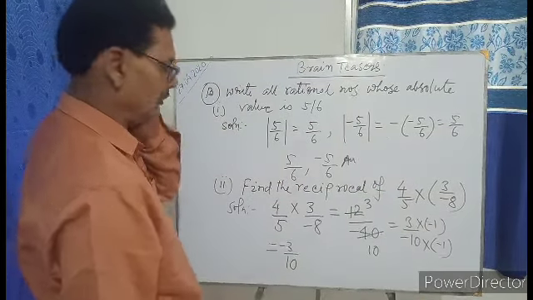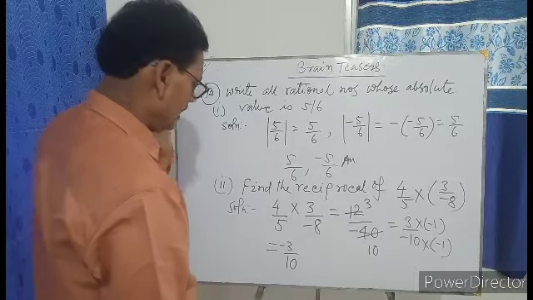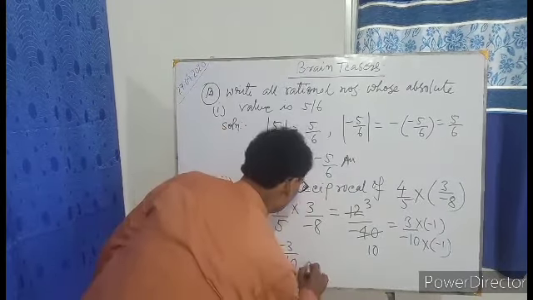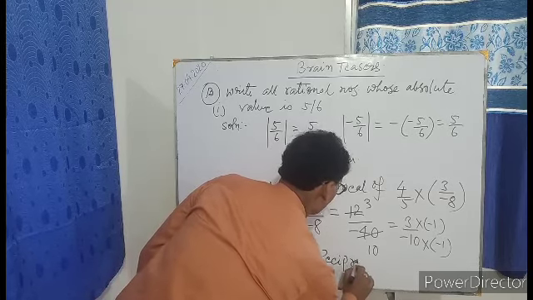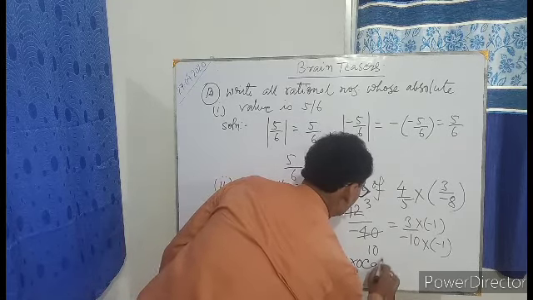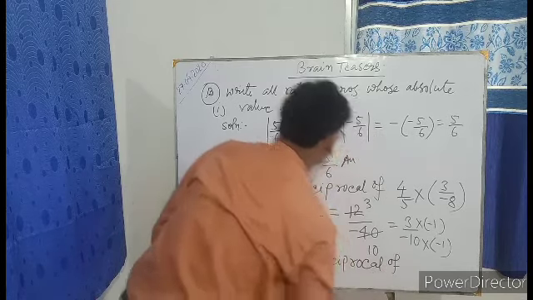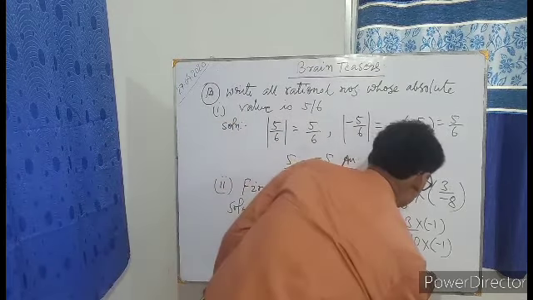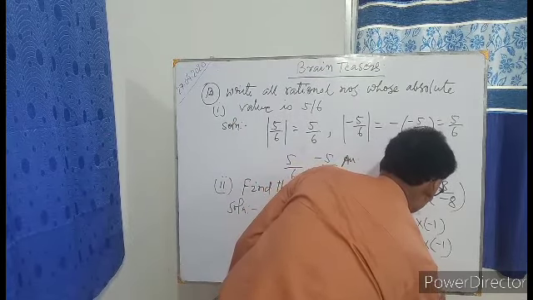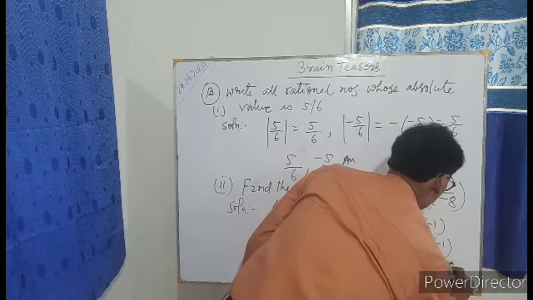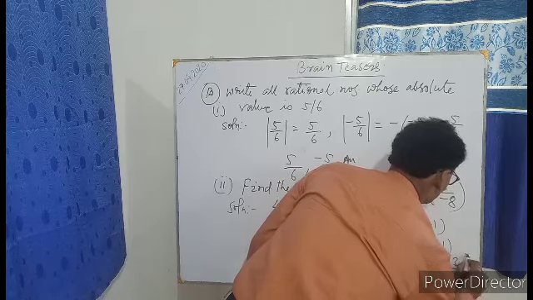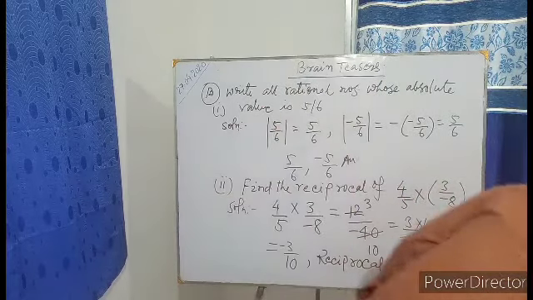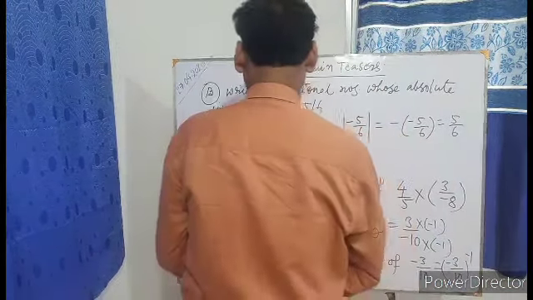Now reciprocal of minus 3 by 10 is equal to minus 3 by 10 to the power minus 1. Recall, it was already explained to you.